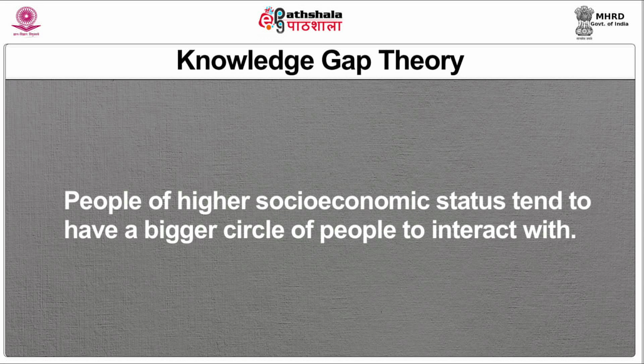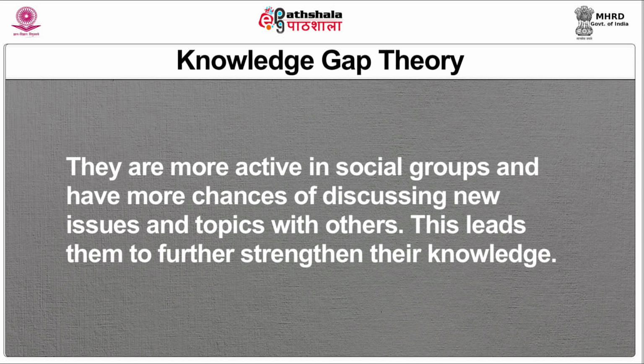People of higher socio-economic status tend to have a bigger circle of people to interact with. They are much more active in social groups and have more chances of discussing new issues and topics with others.